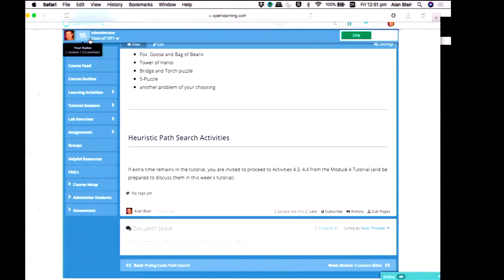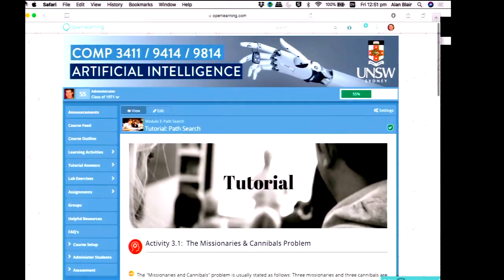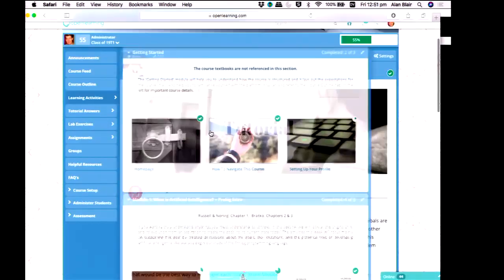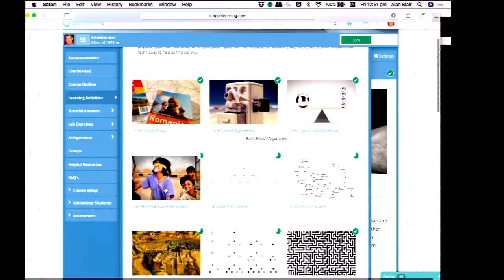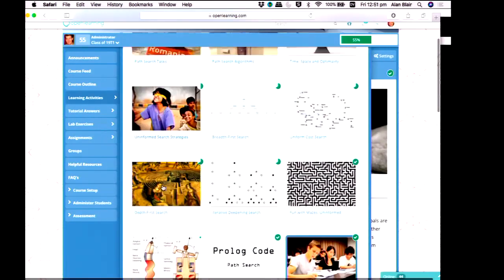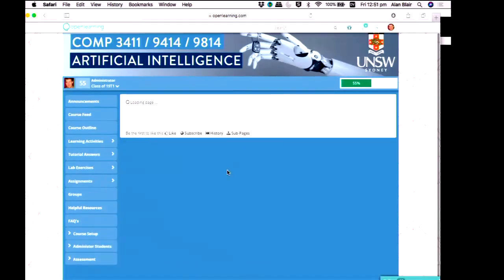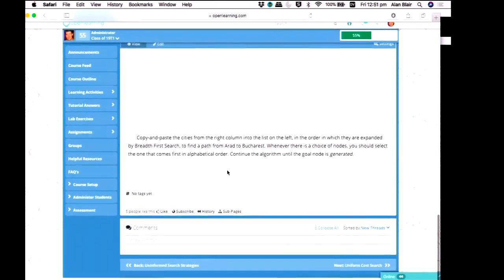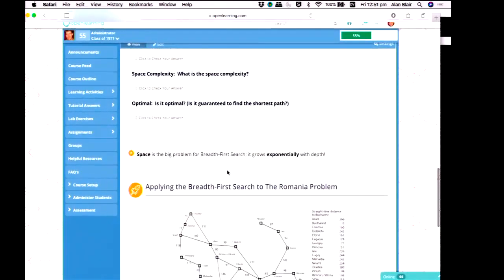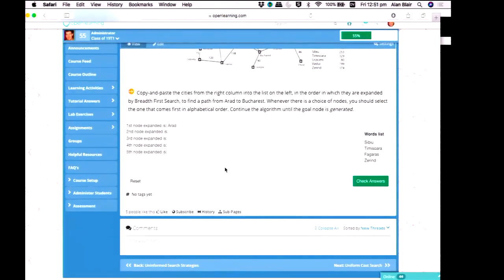Also there are these little activities you should be working through as well, like breadth first search, and then there are little exercises. You try to drag over, or type the answers in here and then check your answers.